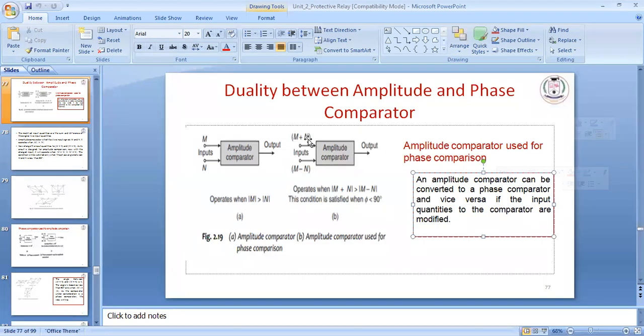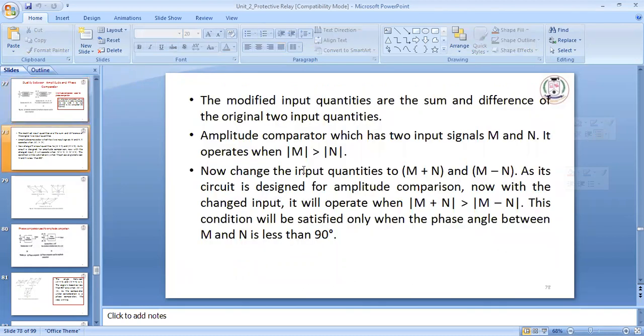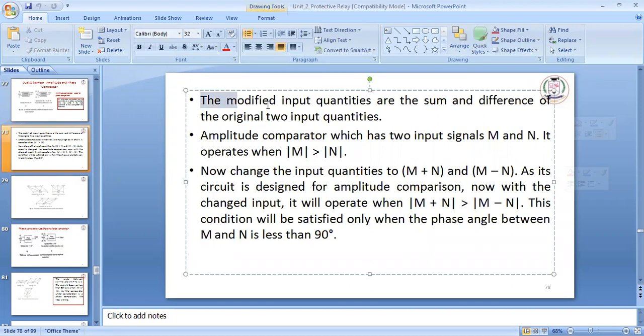Instead of that, we use m plus n and m minus n. The modified inputs are the sum and difference of the original two input quantities.